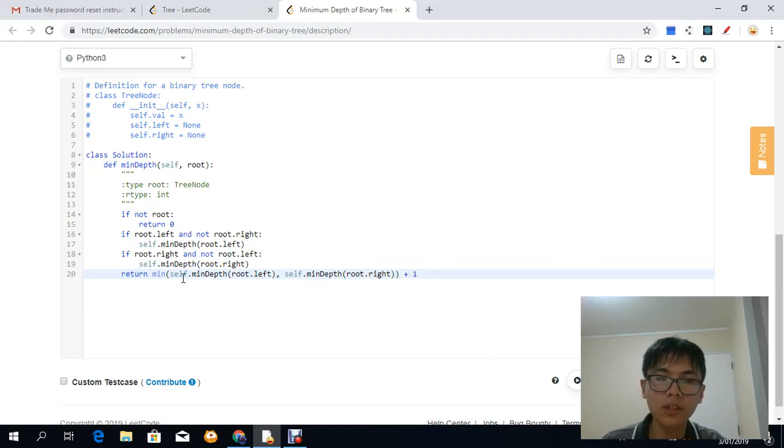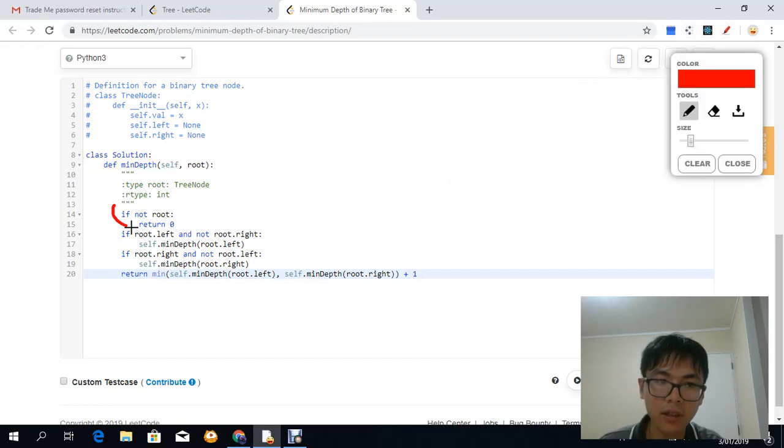Why do we know the left side and the right side will return the depths we want? It is because this recursive function has a base condition, which is if not root, we return 0. So as the recursive function goes, the value it returns will keep incrementing by 1 as it goes. That's how we know this.